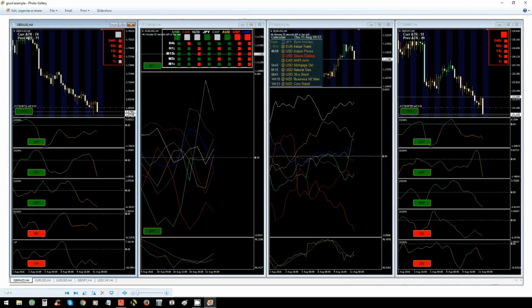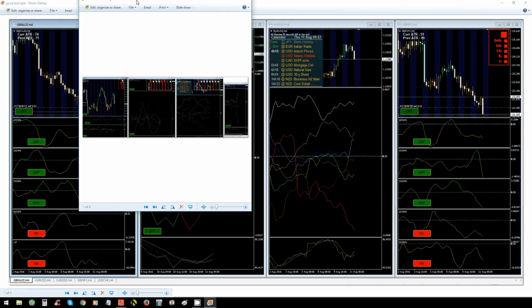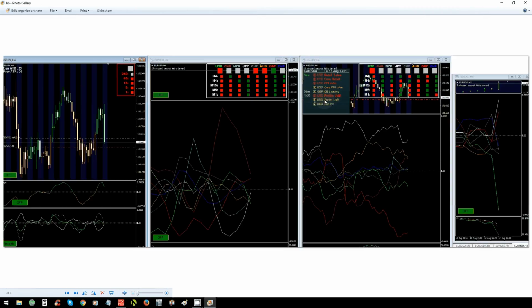The other one I wanted to show you was news related, so I did a screenshot here, and this is my news from Forex Factory. There were 3 bits of US dollar news: retail sales, core retail, and PPI. And what happened was that the dollar dropped.